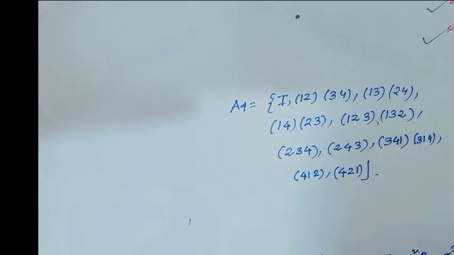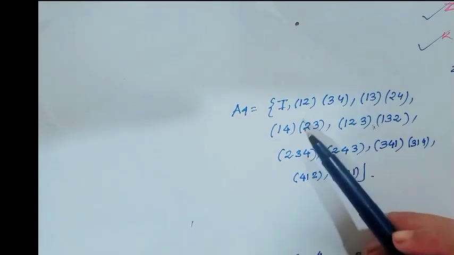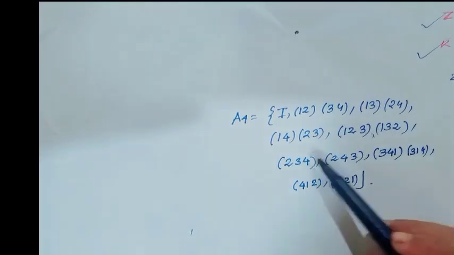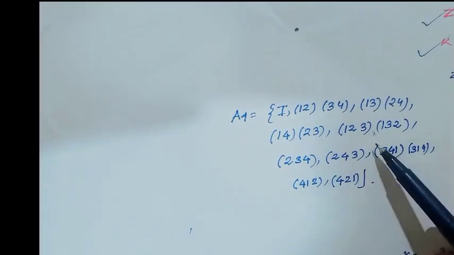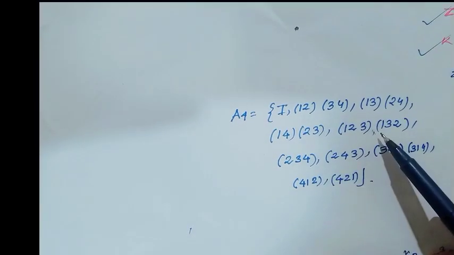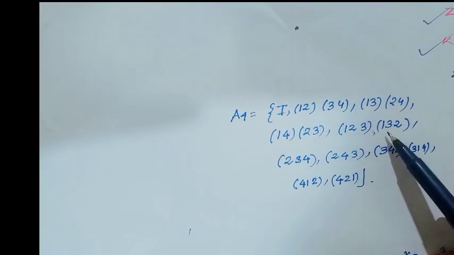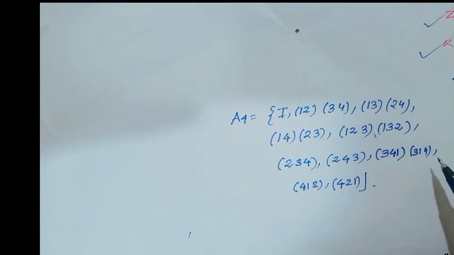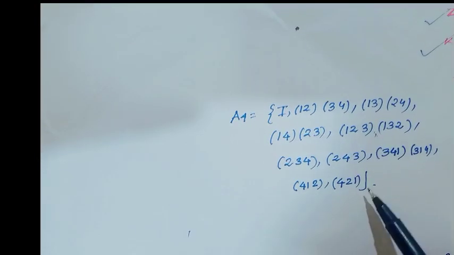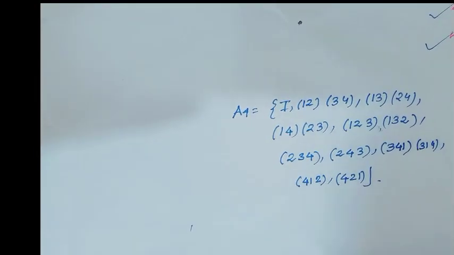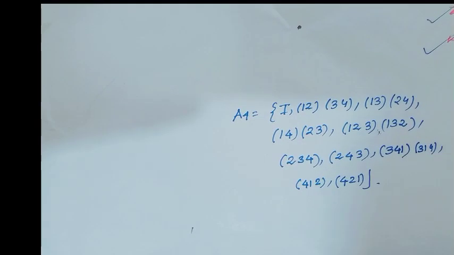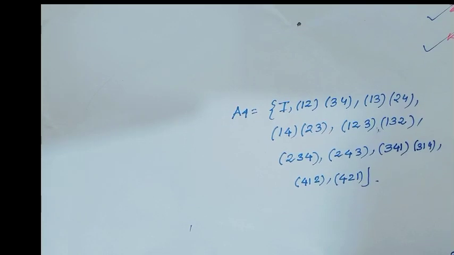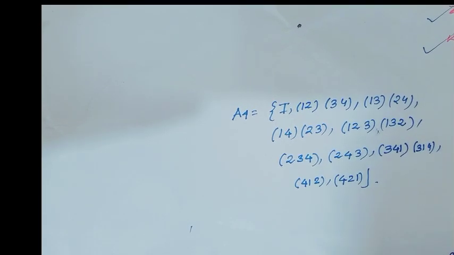So A4 contains the elements identity, (1 2)(3 4), (1 3)(2 4), (1 4)(2 3), and the other 3 cycles, which are obviously even permutations: (1 2 3), (1 3 2), (2 3 4), (2 4 3), (3 4 1), (3 1 4), (4 1 2), (4 2 1). Okay. This is the structure of A4 in S4, and obviously there is only one subgroup of this type in S4.